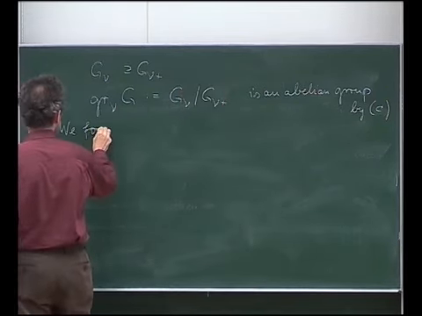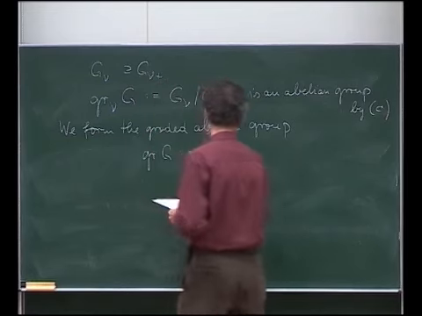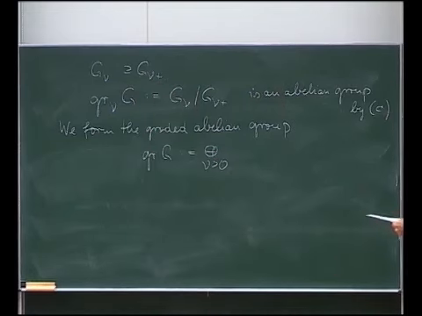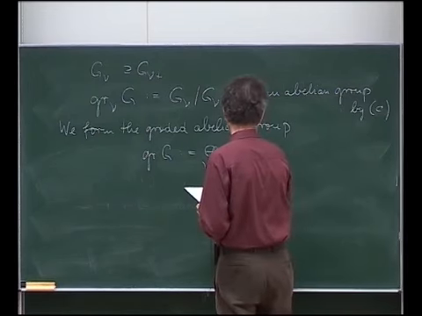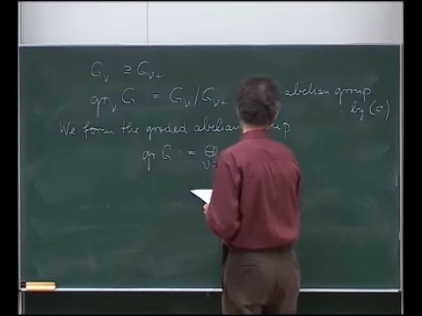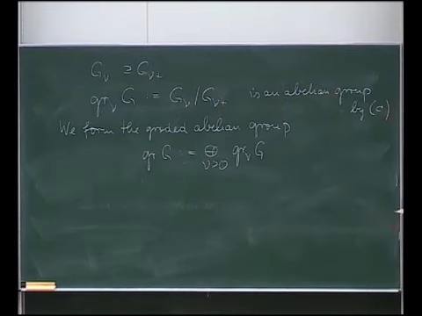So we form the graded abelian group gr G, which is the direct sum over all nu, for simplicity I write all nu bigger than 0, of gr_nu G. Of course, the first ones don't appear, but anyway.